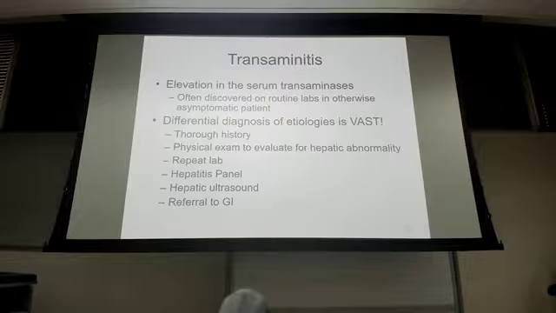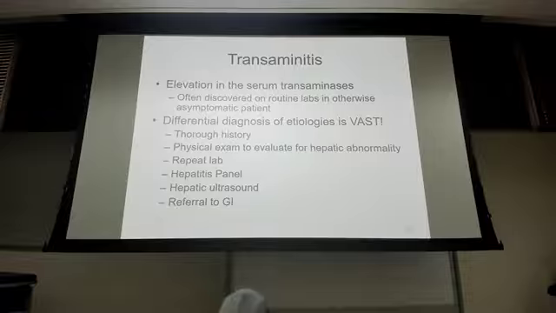Get a hepatitis panel. We'll have an entire lecture on hepatitis. So if ALT and AST are elevated, we can get the hepatitis panel to see if there's an acute inflammatory reaction or infection going on with the liver proper due to hepatitis A, B, C, D, or E. And we'll get into what all of those are.